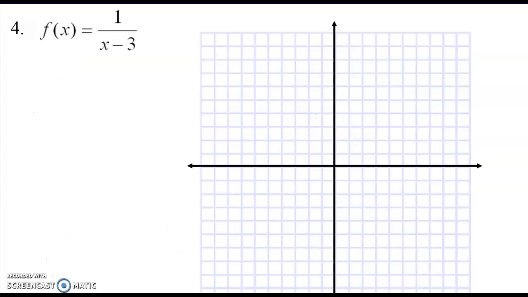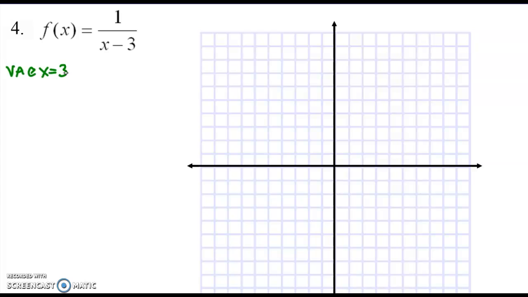Number 4 you can see is a rational function. Again, you can look back if you don't remember what a rational function looks like. We can see that f of x will have a vertical asymptote at x equals 3.